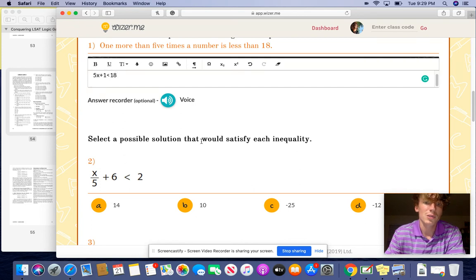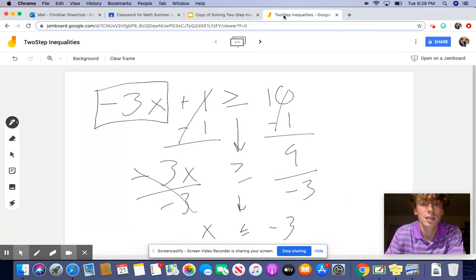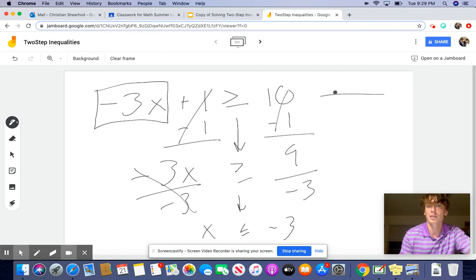Select a possible solution that would satisfy each inequality. Remember that we can have multiple right answers. Let's go take a look. Okay, so we have x is less than or equal to -3. So if you take a look on the number line, we have 1, 2, 3, -3 right here, and x is less than, so it's this way.